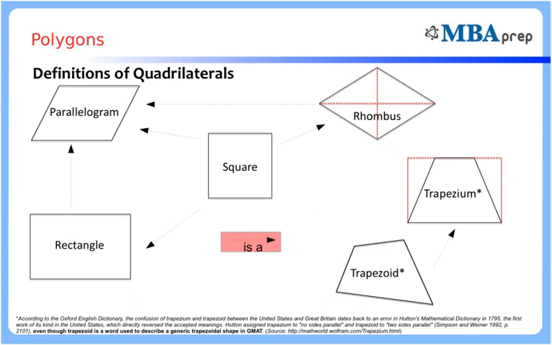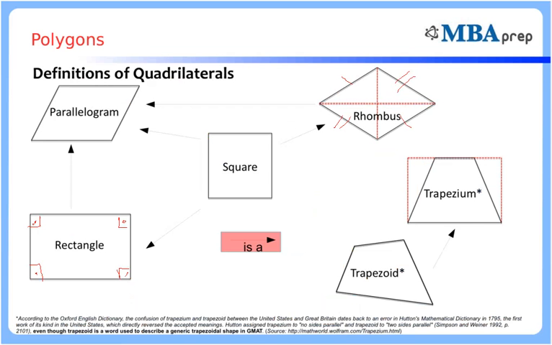So let's define the quadrilaterals. What's what? The parallelogram is a figure that has parallel sides. The rectangle, 4 right angles. The rhombus, equal sides. But the rhombus happens to be a parallelogram because the sides are parallel. This side is parallel to this one, this side is parallel to this one.